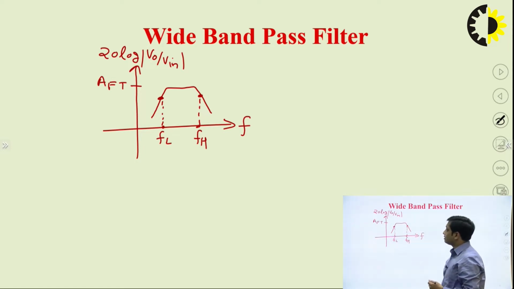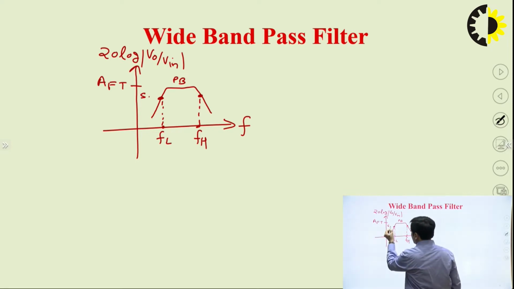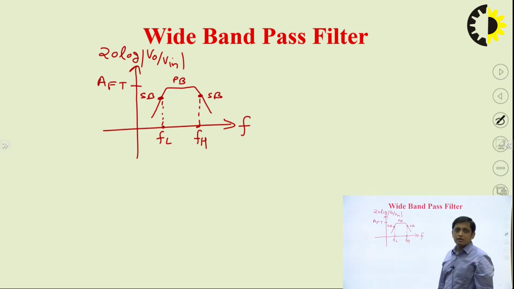And here we can mark the pass band and stop band also. From this graph we can see that this one is pass band, because in pass band we get the maximum gain, and these two are the stop bands, because in stop band you can see that the gain is reduced. If gain is reducing, it means that the signal is getting attenuated, right?